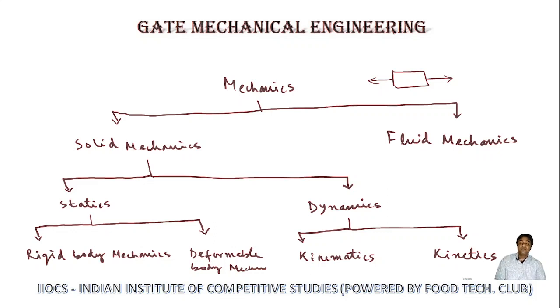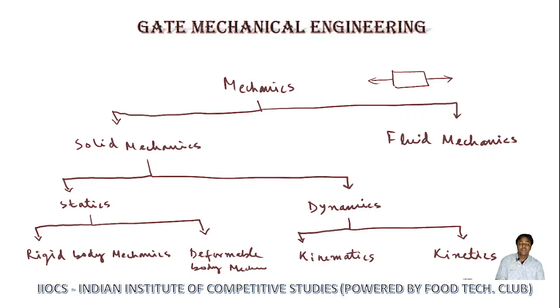So what is dynamics? Dynamics is where the body is in motion, and we are doing the force calculation. In case of dynamics, there are two parts I told, that is kinematics and kinetics. What is kinematics? Kinematics is that branch of dynamics where the force which is causing the motion is not considered, all the other quantities are considered.